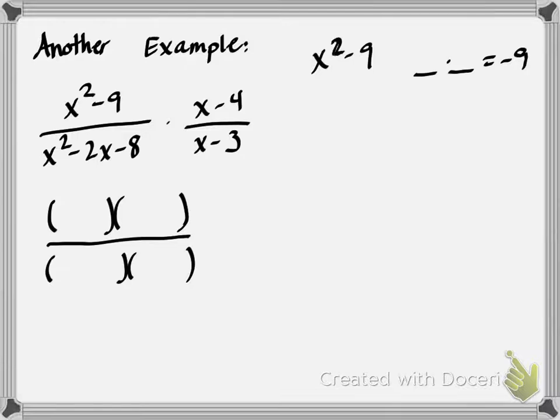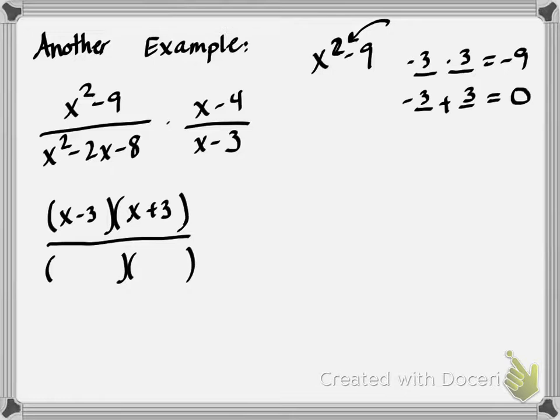And since there's no middle term right there, like there is on the bottom here, where we have that 2x, there's nothing in the middle, so we have to think of that as 0. So what two numbers are going to multiply to negative 9 and add up to 0? Those would be negative 3 and positive 3. And so we're going to put those in our parentheses up here on top, x minus 3, x plus 3.